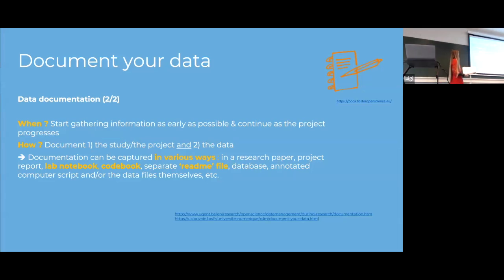Documentation can be captured in various ways. It can be a research paper, a lab notebook, a codebook, or a separate README file you will add, for example, in your data repository. It can be an annotated computer script, etc. It can be in different formats.